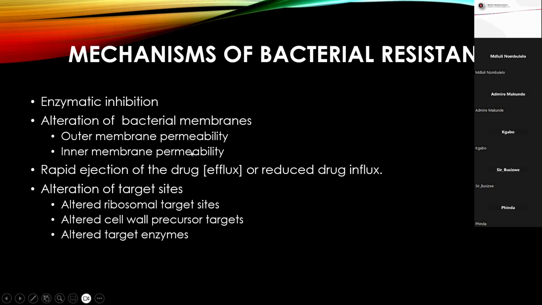Some bacteria evolve or mutate in those proteins, inhibiting the entry of the antibiotic, thereby rendering it ineffective.